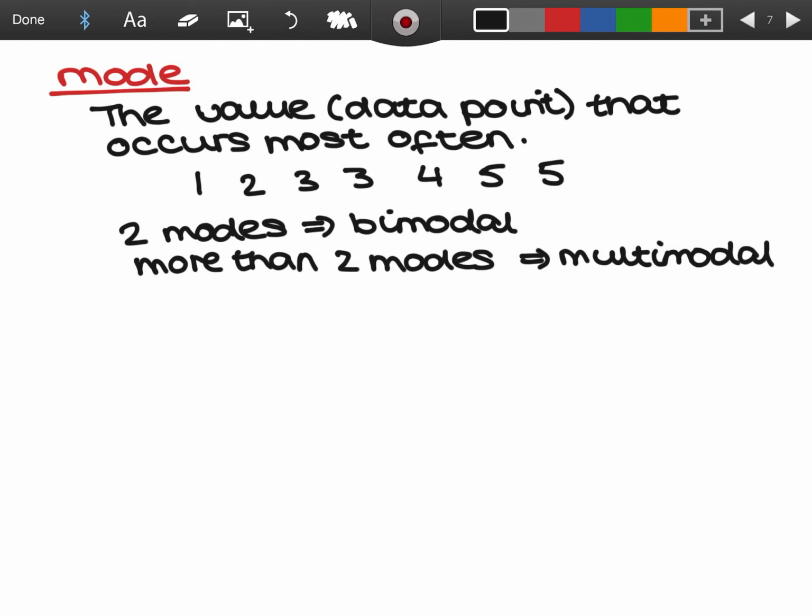They're outliers for a reason. They're not like your other data points. So outliers do not affect the mode. They do not affect the data points that occur most often. So the mode is a resistant measure. It's resistant to outliers.